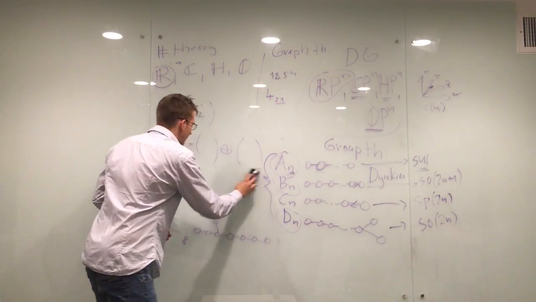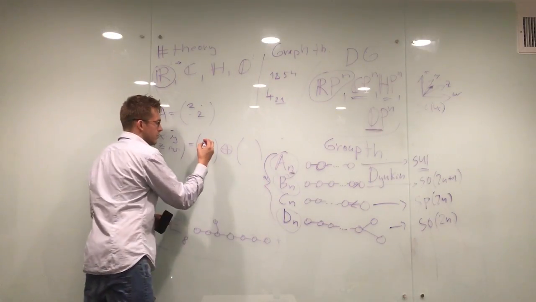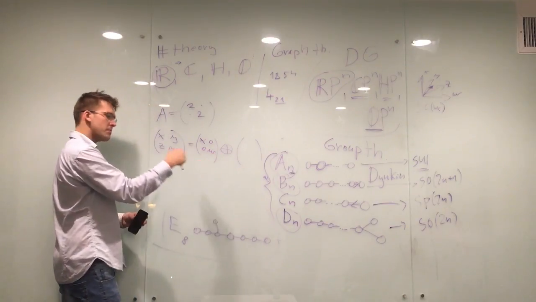So let's say I take this diagonal representation of this algebra, so this would just be x, 0, 0, w, and this is a representation by itself.